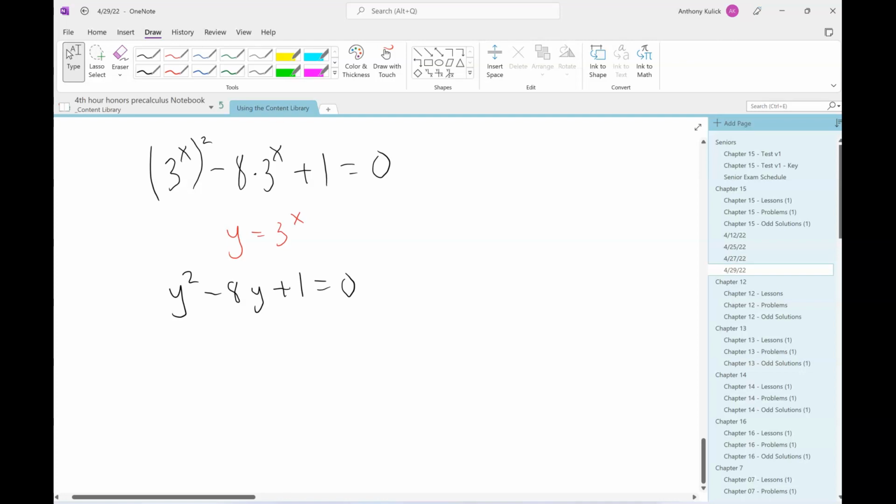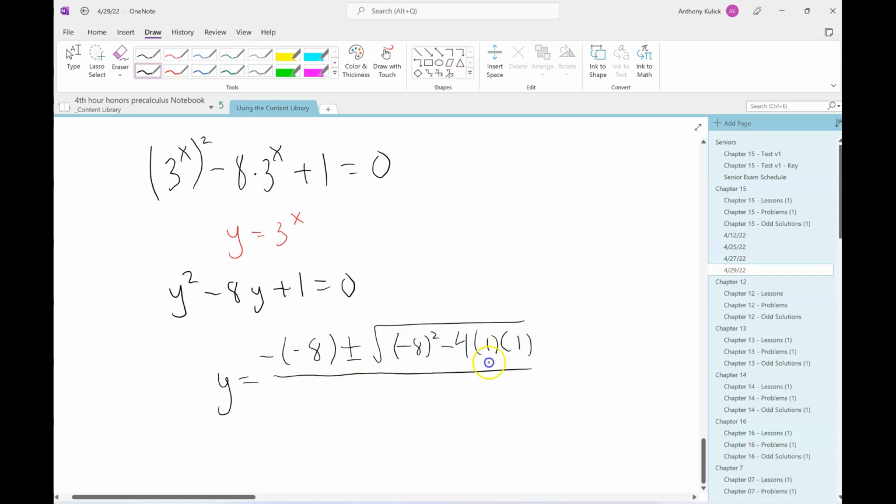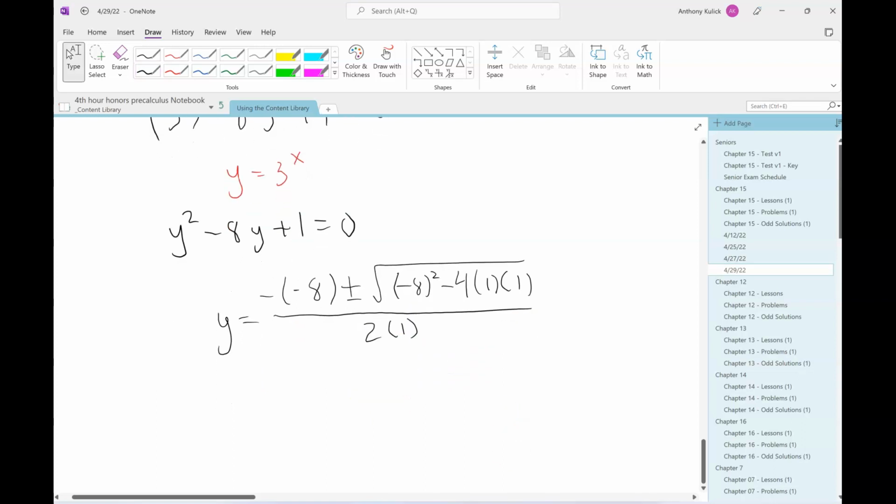I don't either. So what should we do? Quadratic formula. The one thing that you wanted to do originally. Yes. So -b plus or minus the square root of b squared minus 4ac, over 2 times a. All right.